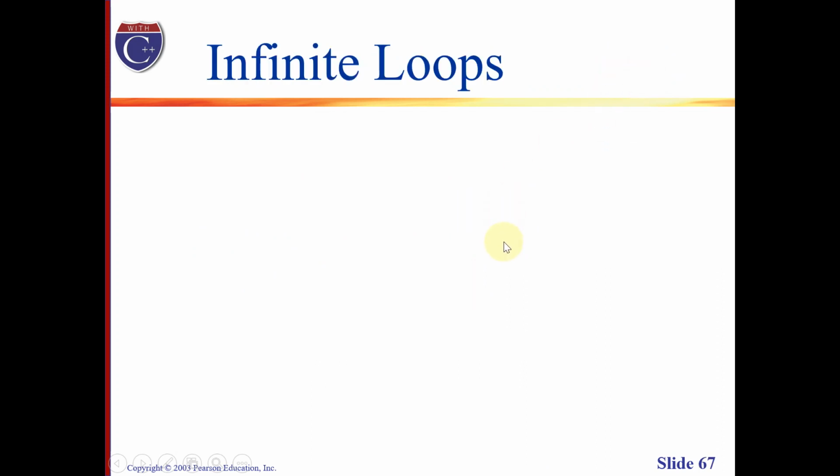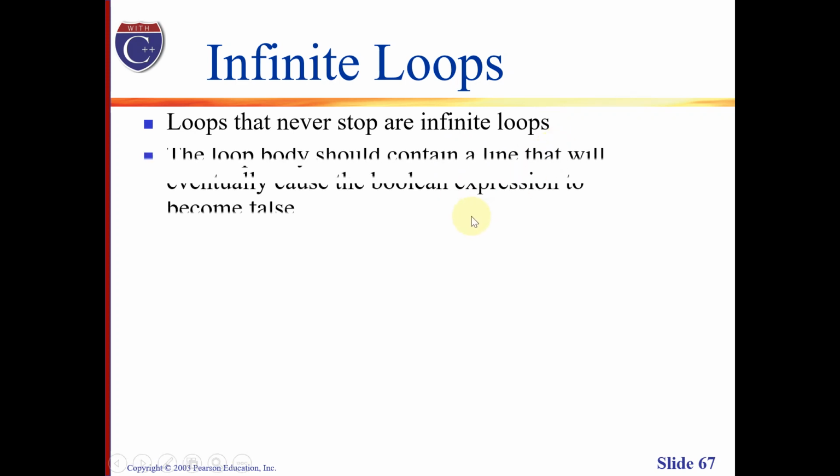We also have what we call infinite loops. As you can see, when we say infinite, it never ends. So therefore, it is also possible for loops to execute infinitely. Loops that never stop are called infinite loops.